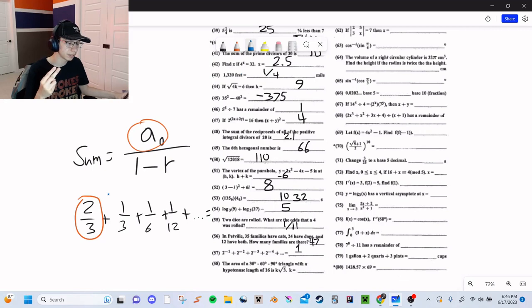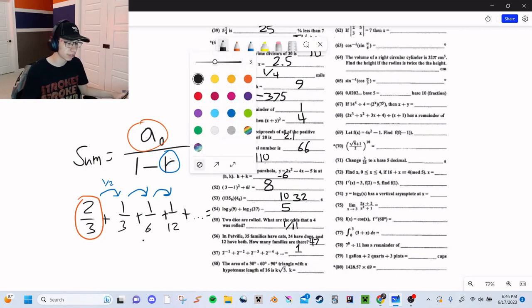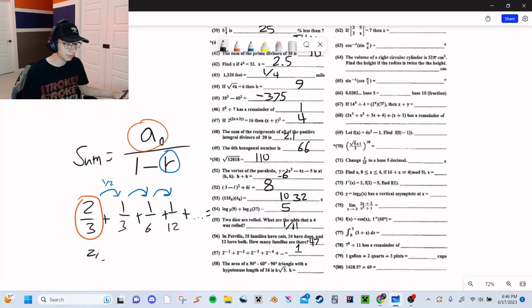Our rate, what number are we multiplying by each time to get the next term? In this case, it's 1/2. That's our rate. So the sum is going to be 2/3 over 1 minus 1/2, which is 2/3 over 1/2, which is 4/3.